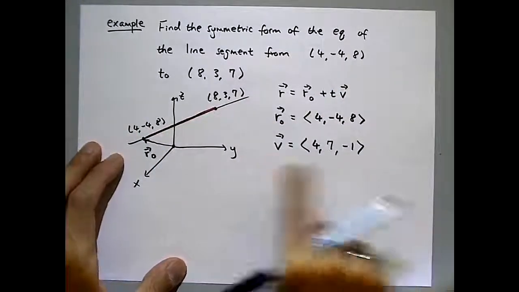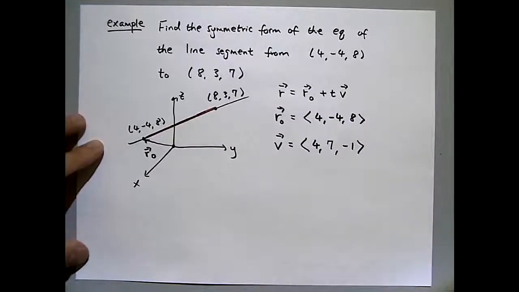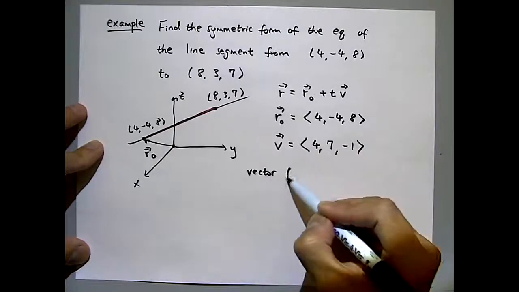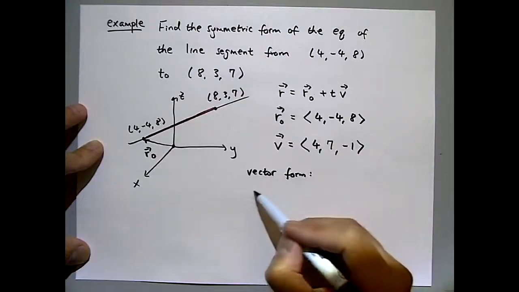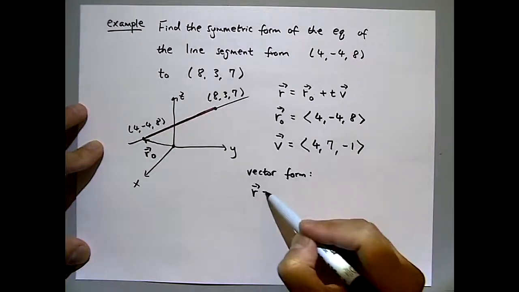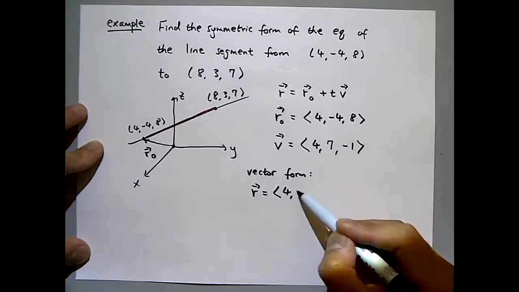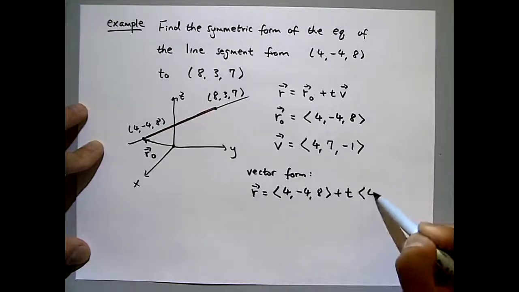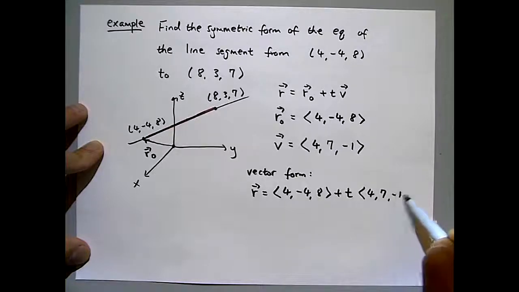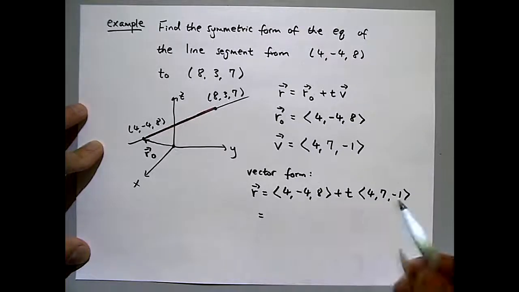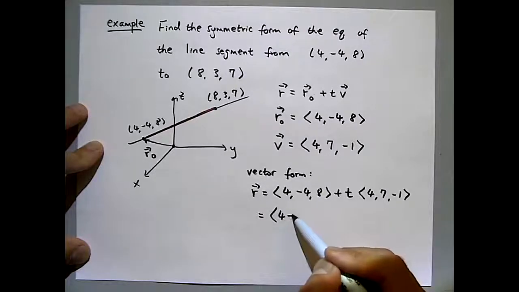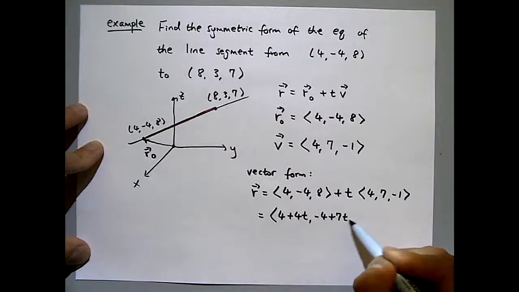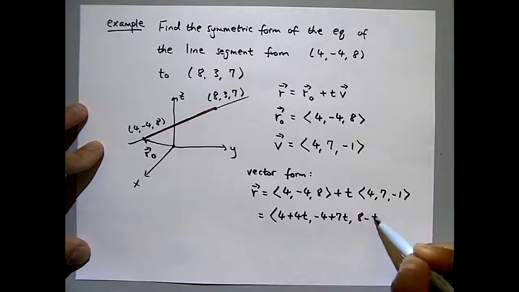So therefore, my vector form is very simple: 4, -4, 8 plus t times 4, 7, -1. Or 4 plus 4t, -4 plus 7t, 8 minus t.